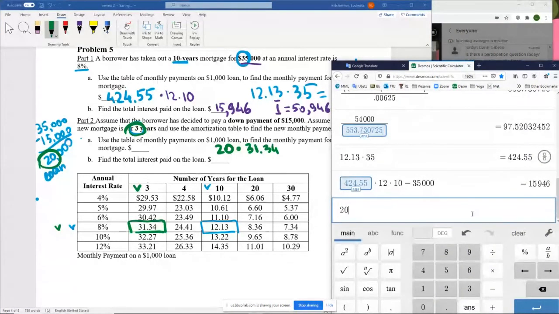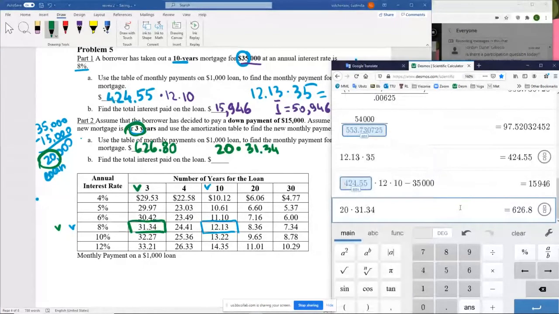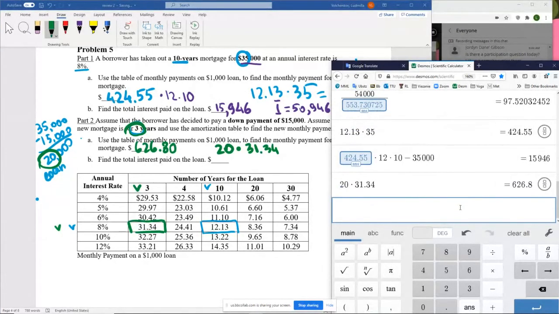So 20 times 31.34. The regular payment will be $626.80. And we can find the total interest paid.